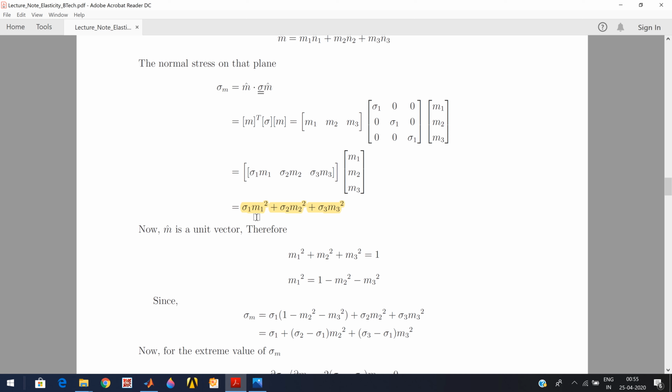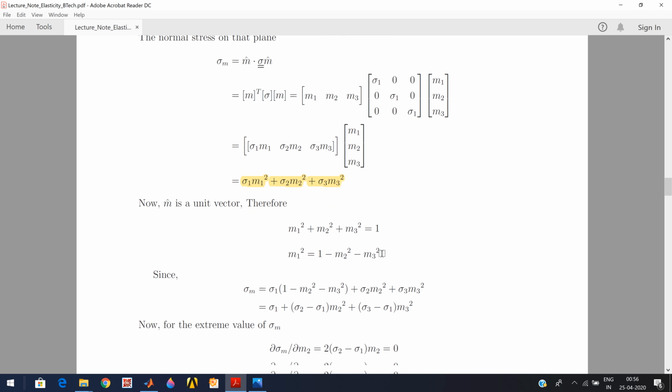But here one thing is that there is a constraint on m1, m2, m3 because m should be a unit vector. So that's why m1 square plus m2 square plus m3 square equal to 1 will be a constraint. So it's a constrained optimization problem.